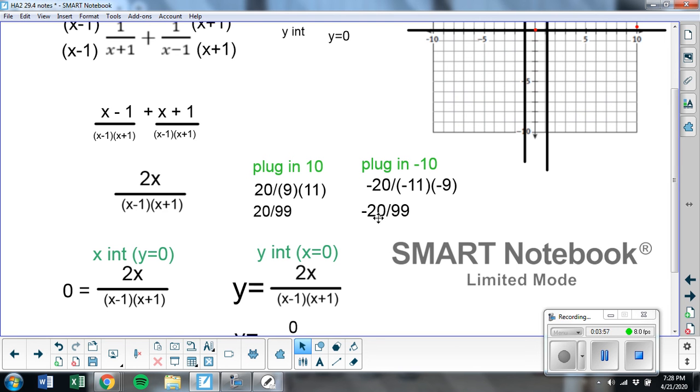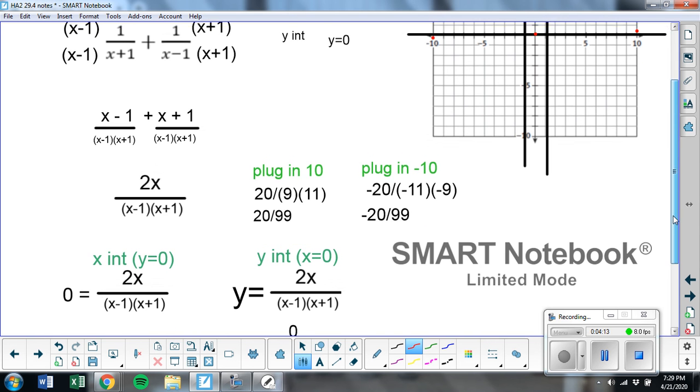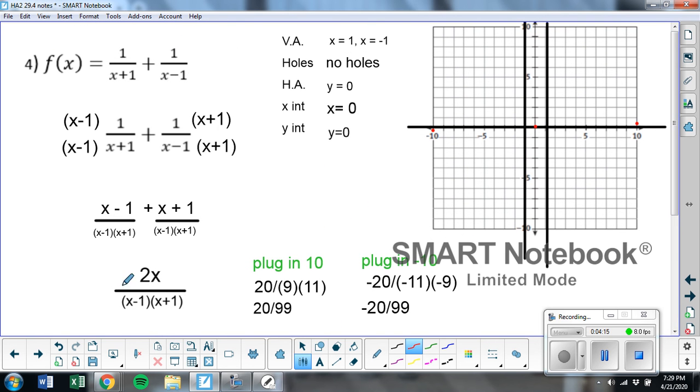So this ends up being -20 over 99. By the way, these are not always going to be the same with one positive, one negative, just the way it works out this time. So over here at -10, I'm going to be slightly below, slightly in the negative region, but not very far. That's actually all the information I need to see off to the left for your work part.